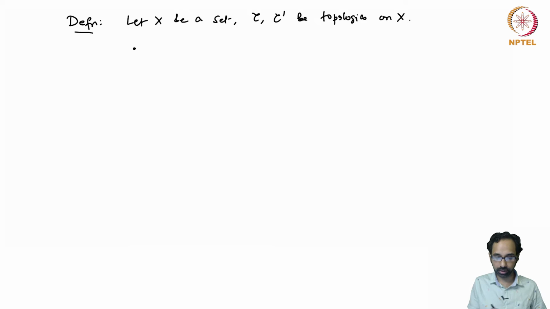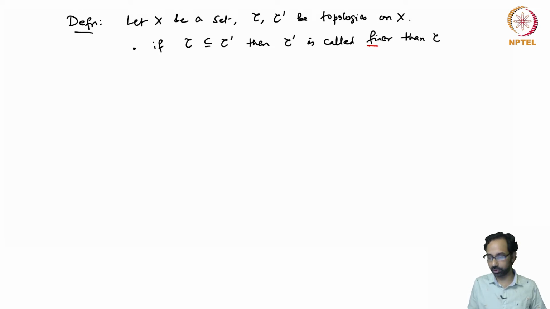We have a few different terminologies in this setting. The first one is that if the collection tau is a subcollection of tau prime, then tau prime is called finer than tau, and tau is called coarser than tau prime.